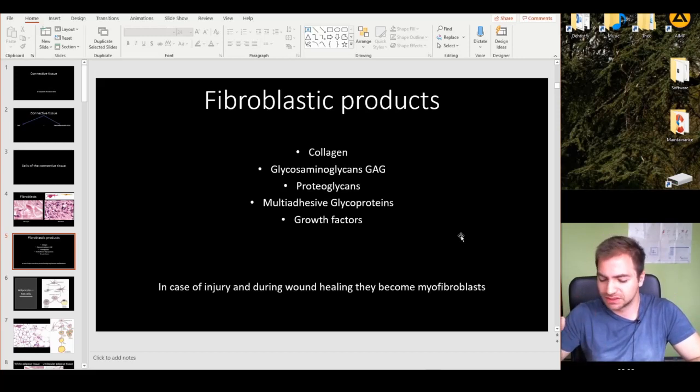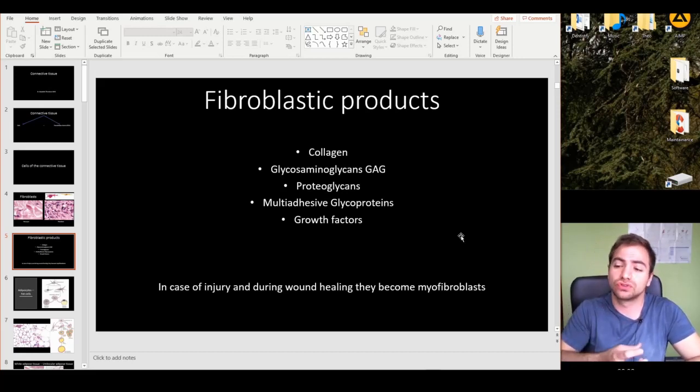So fibroblasts again are typical cells of mesenchymal origin, and in some pathological cases of injuries, these cells will transition and differentiate into myofibroblasts. These are cells that have both features of fiber-producing cells along with contractile elements.